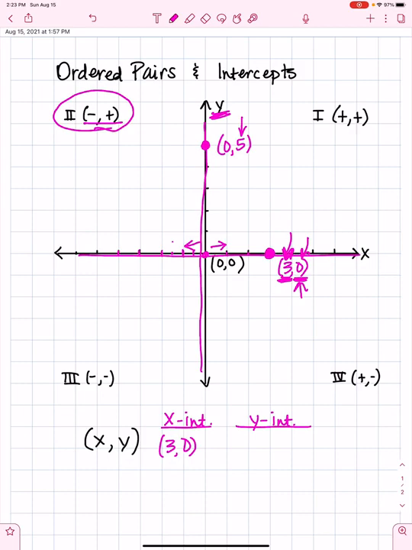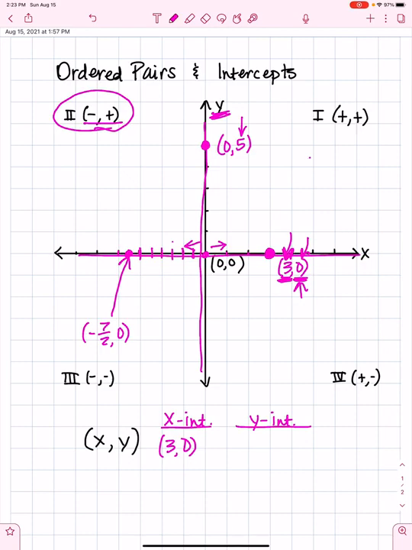Can they just be integers? No. I could have an x-intercept at -7/2, 0. Okay, what would that look like? Well, 1/2, 2/2, 3/2, 4/2, 5/2, 6, and 7. Right there. That's where that would be. Okay, same thing with the y-intercept.